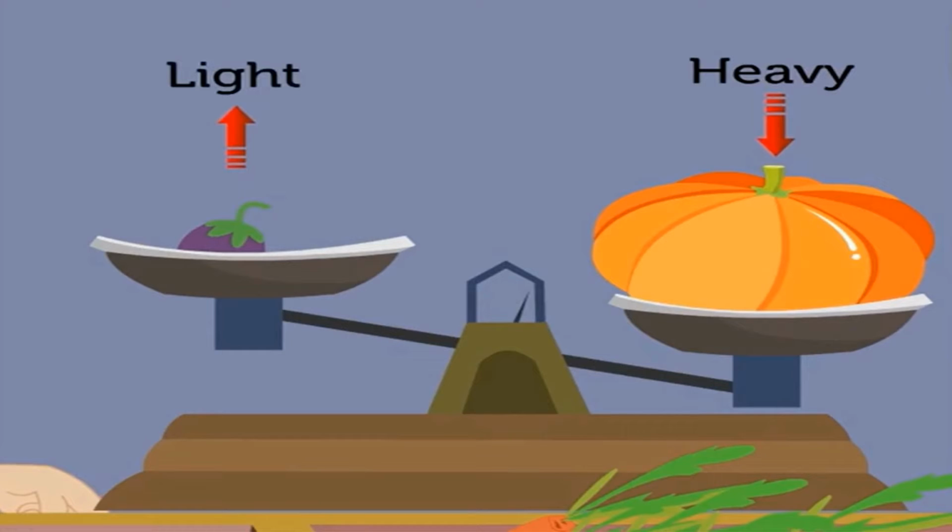The pan with the heavier object always goes down, and the pan with the lighter object always goes up. So the pumpkin is heavier than the brinjal, or we can say that the brinjal is lighter than the pumpkin.